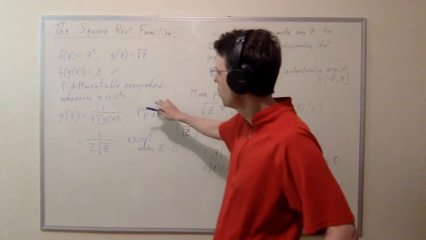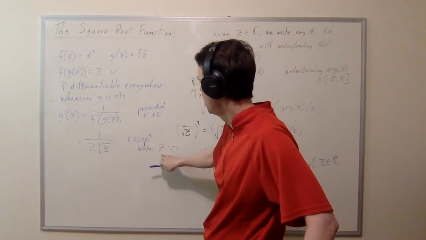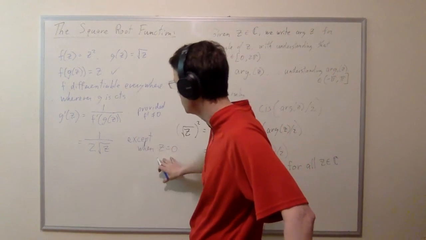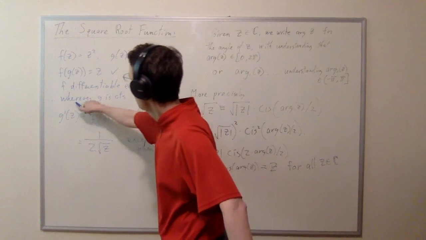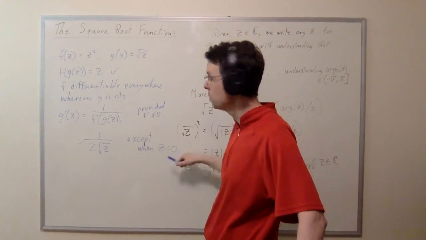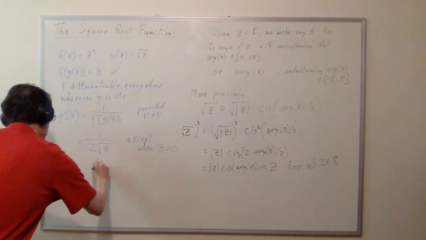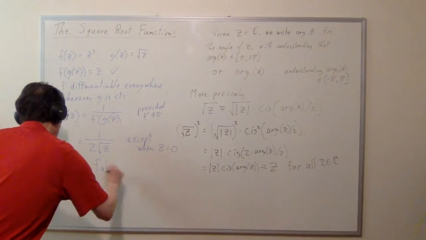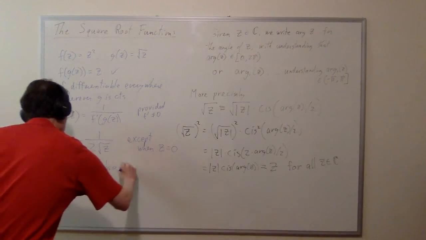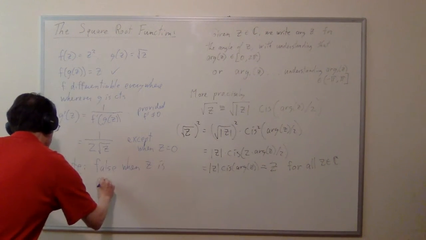So we've used the formula for the inverse function. This is true except when z is 0, but notice it holds wherever g is continuous. That is a huge set of exceptions besides z equals 0. And so we should also say here that this is false when z is positive real.